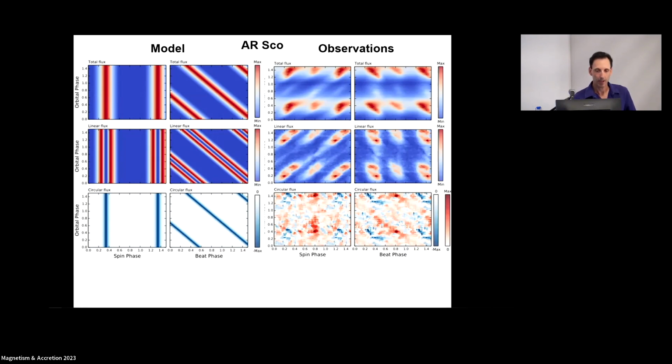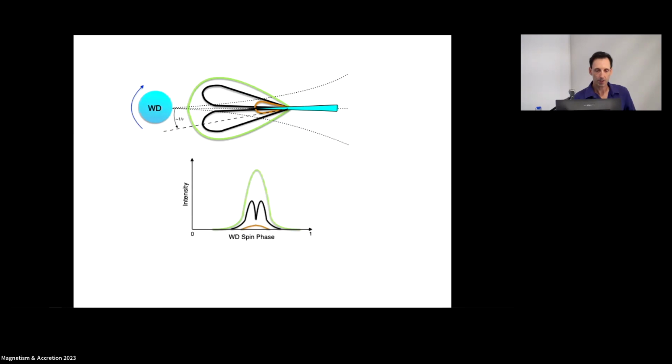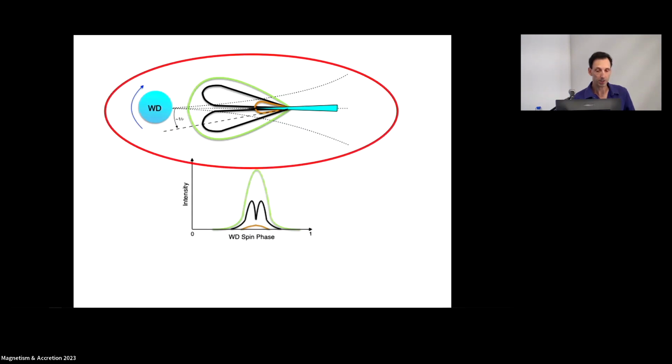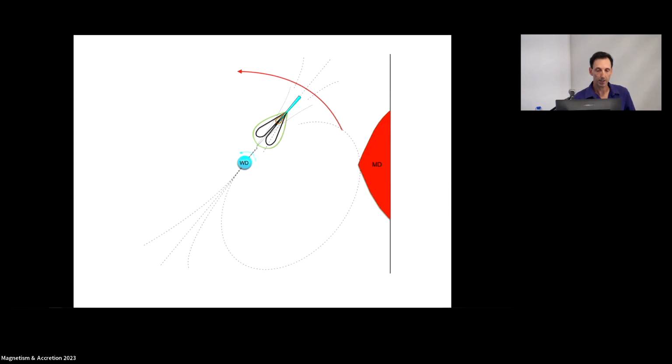So what we did next was, obviously the white dwarf is not isolated, it's in a binary system. So we took this synchrotron model and we placed it in a binary system.